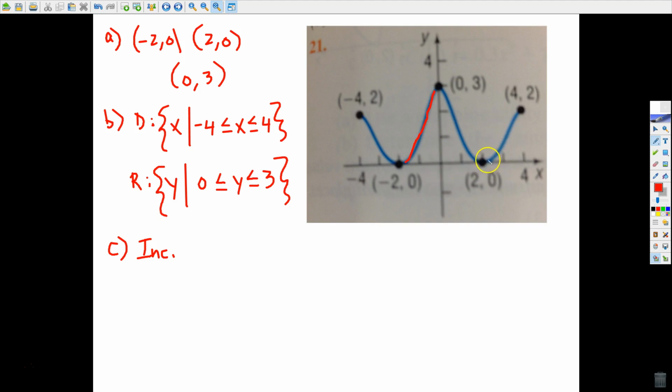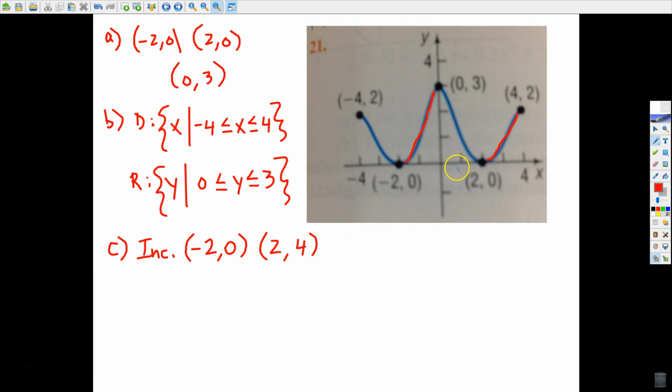That's also taking place along this interval. And so the way we identify these intervals is just by using the x coordinates of the ordered pairs in between. So we would say that this function is increasing in the interval -2 to 0. It's also increasing in the interval from x is 2 to x is 4.